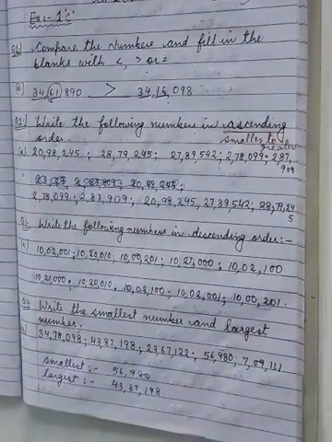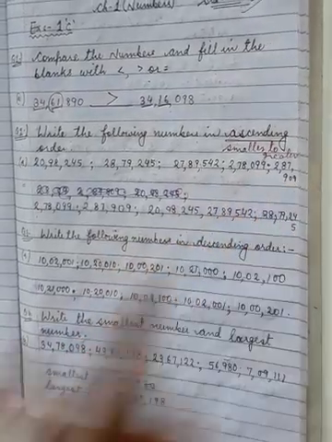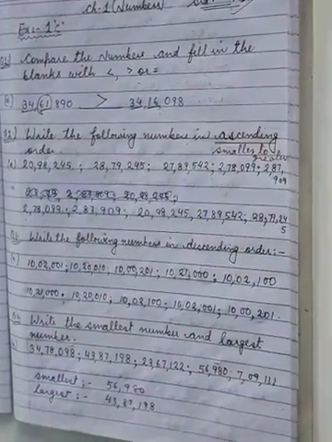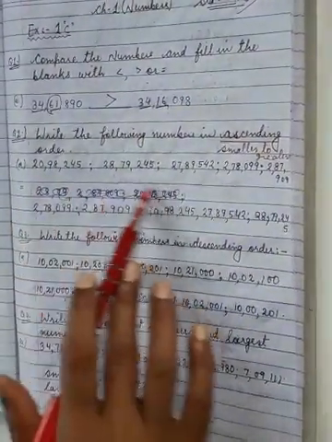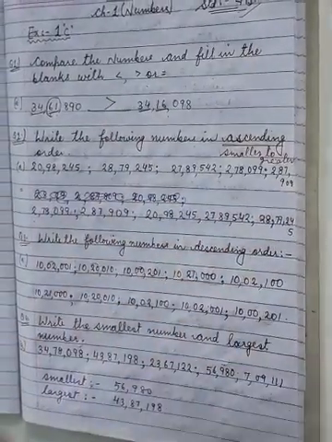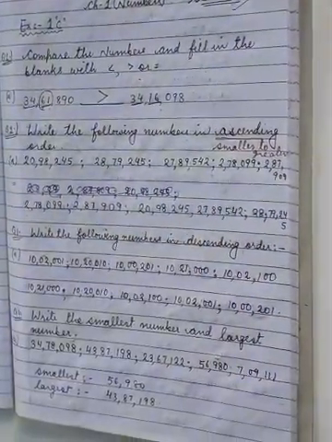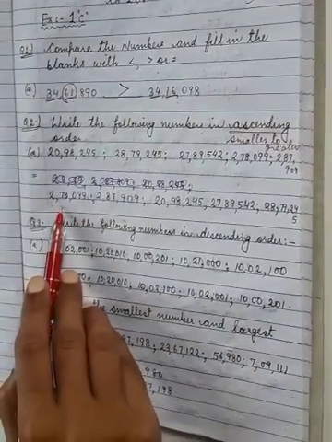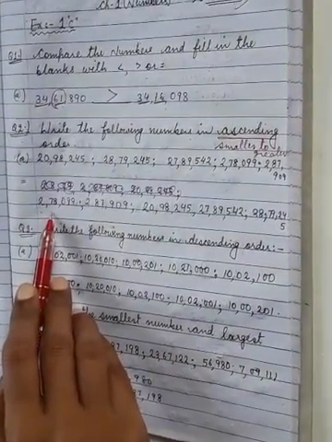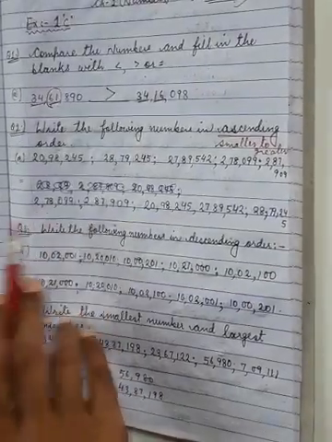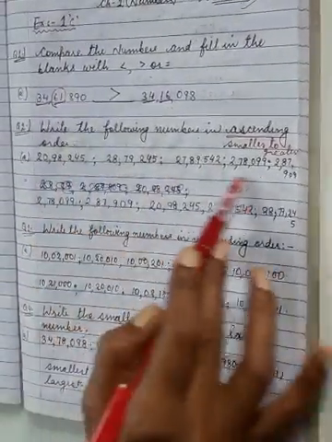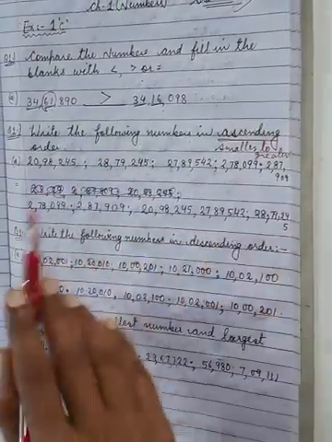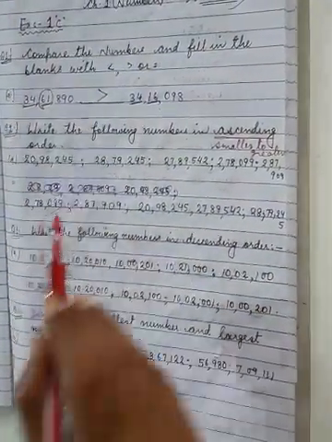So here we have to find which number is smaller and which number is greater first. The smallest among these numbers is 278099. It is the smallest number among these number sequence. इन सारे नंबर सीक्वेंस में ये सबसे छोटा है.